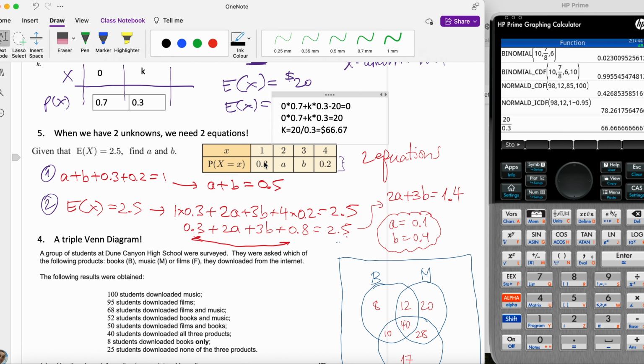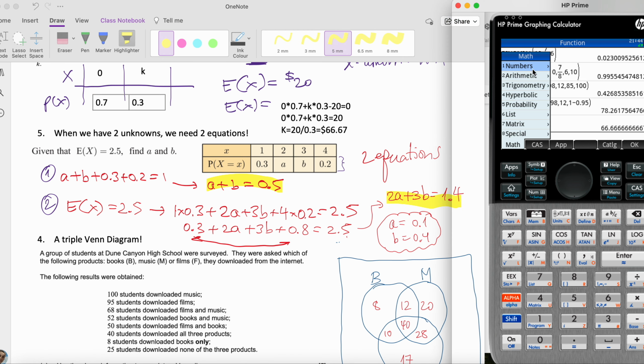So you're going to go this times this plus this times this plus this times this plus this times this, and that'll give you the expected value. A little bit of algebraic manipulation. You can pause and just look at my algebra here. Collecting like terms, 1.1 subtracted from 2.5, you end up with these two equations.